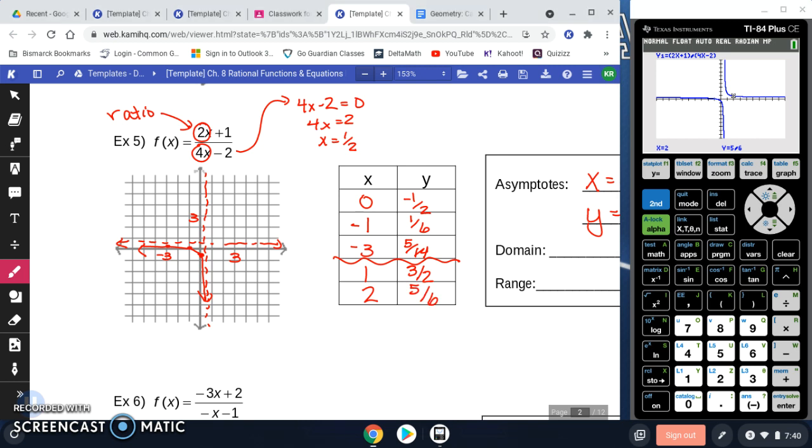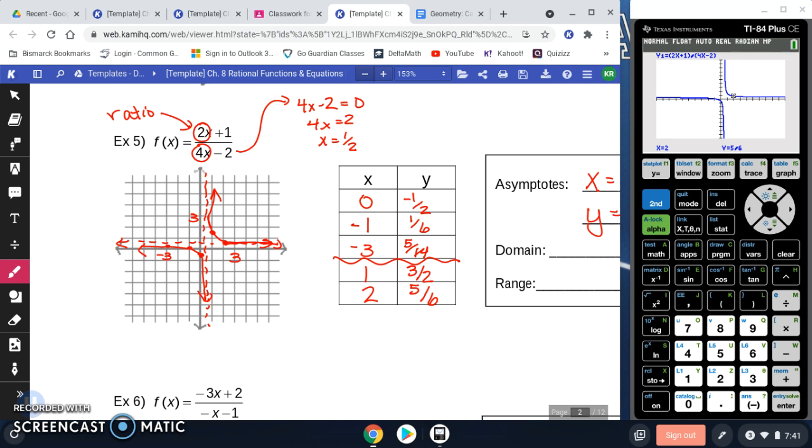Again, these points are going to be really hard to differentiate between. But there's my 1, 1.5. My 2, 5/6. It's a little bit under 1. I'm just going to use those 2 points. Again, you know what the shape of it is. You know it's a hyperbola. You know it's going to be in and following along your asymptote. So just a couple of points just to give me a good idea that you understand.